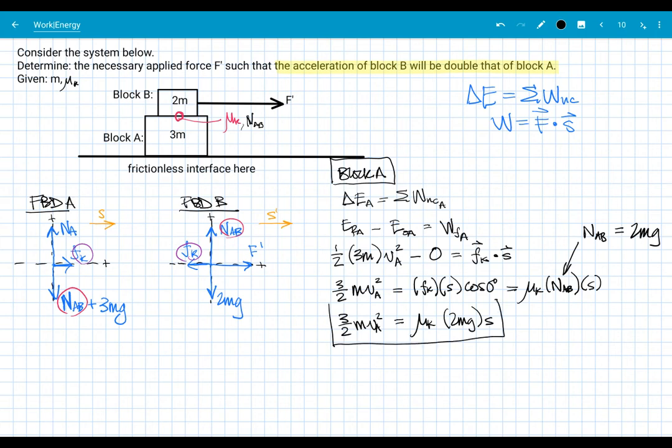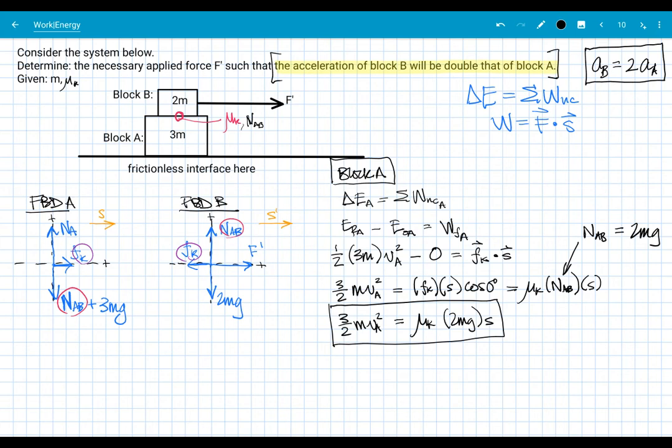All right, so I'm going to stop there. That's an energy equation for block A, right? So I rendered this equation. One thing I want to pause for a second. I don't want to forget that we can render an equation based on this statement in the problem right here, that the acceleration of B will be double that of A. So acceleration of block B equals 2 times the acceleration of block A. So this is also an equation right here.